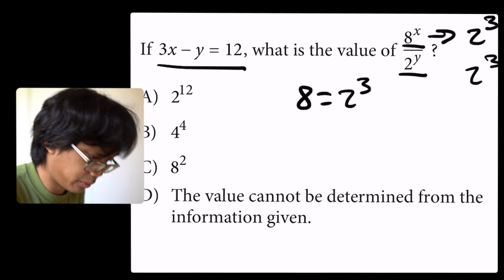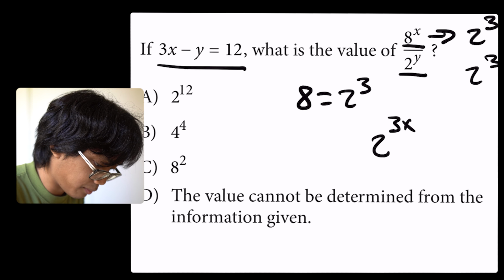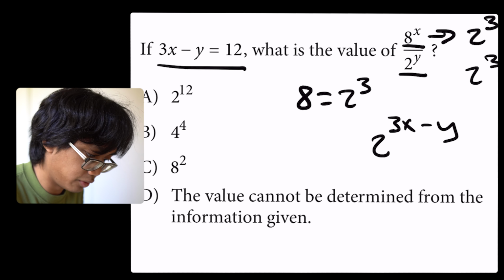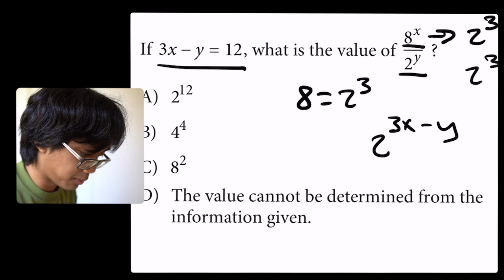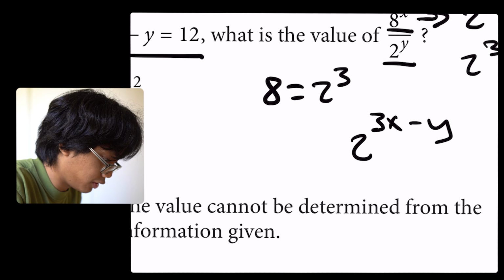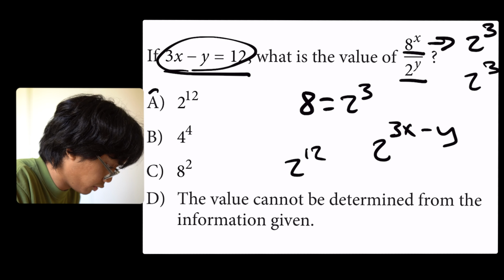When we're dividing by 2 to the y, you can think of it as 2 to the 3x minus y, since we're doing a division. That's how you divide with exponents. We have 2 to the 3x minus y, which from this equation is equal to 12. So we'll get 2 to the 12th, which is answer choice A.